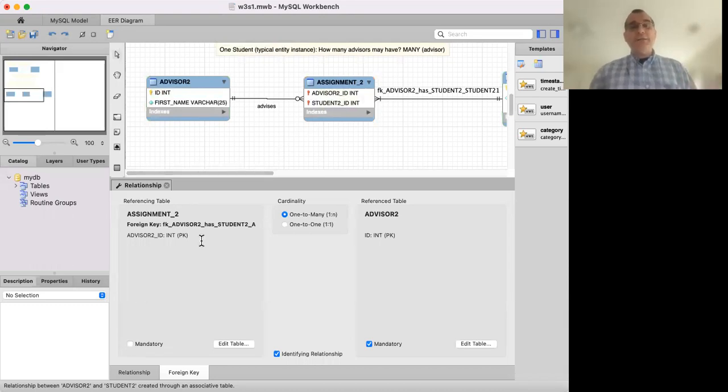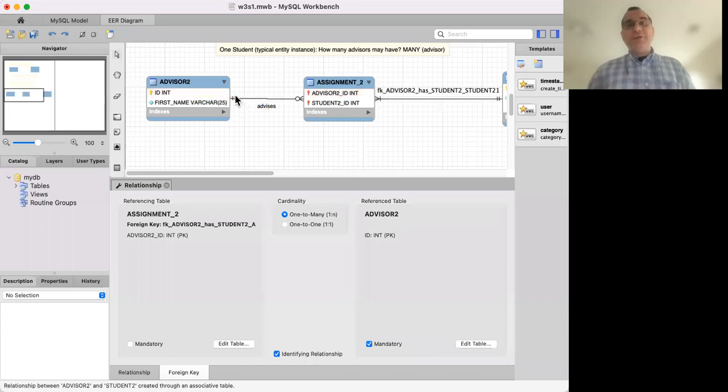So again, it's the only thing that I need. Advisor must be present. If I have an assignment, I must have an advisor, because it's the role of the advisor to link an advisor with a student. So that's the role. I really need to have the advisor to be able to create an instance in the assignment.